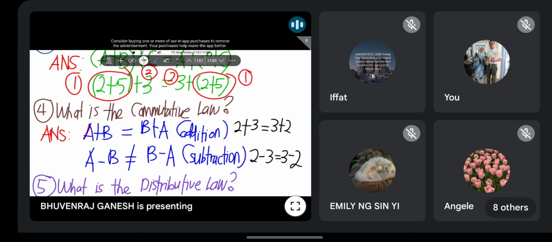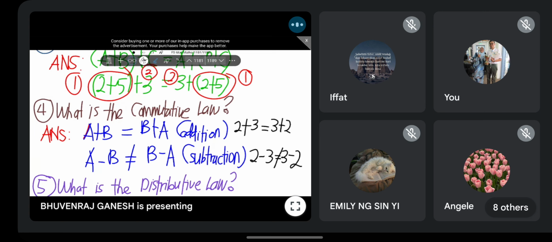It shouldn't be, right? This one is supposed to be not equal. 2 minus 3 is actually not equal to 3 minus 2 because 2 minus 3 you get negative 1, and 3 minus 2 you get 1. The same thing applies for matrices over here. The matrix concept is the same. You won't get an equal value. Okay, guys? Can you all understand the commutative law? This is what you all must understand over here.